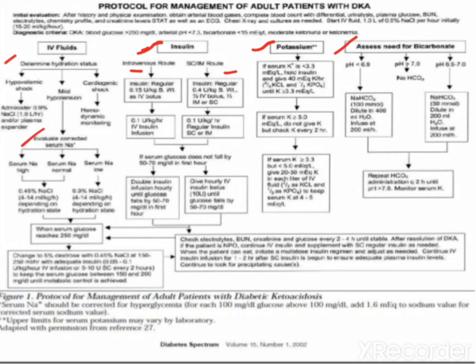Whereas if the pH is around 6.9 to 7, then sodium bicarb should be diluted in 200 ml of distilled water and infused at around 200 ml per hour. Then repeat the bicarbonate level and check it. If the level is normal, then you can stop your procedure. So these are the protocols for management of adult patients with diabetic ketoacidosis.